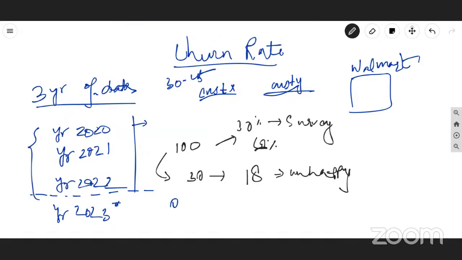So in this scenario we work on assumptions only. What would be our assumption? What would be our methodology to assume?